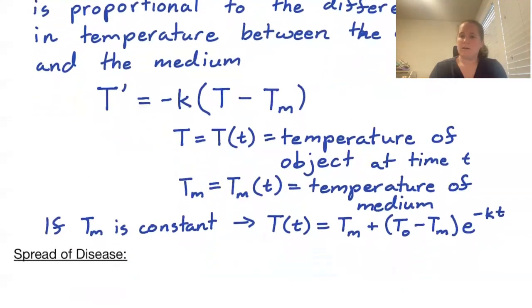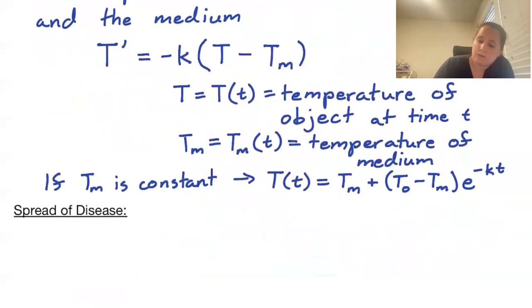So essentially, we have the initial temperature difference times e to the negative kt, whatever that constant was, plus the temperature of the medium, which gives us our temperature. So this is the initial object temperature.